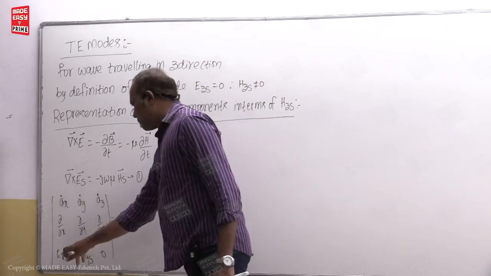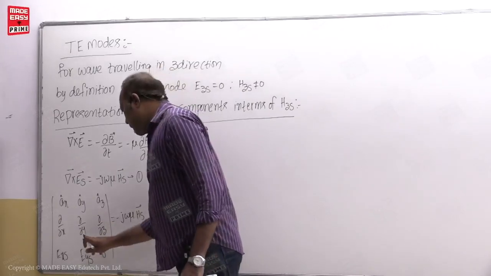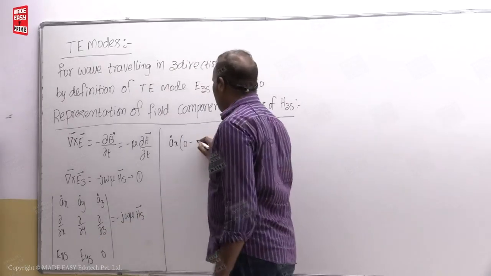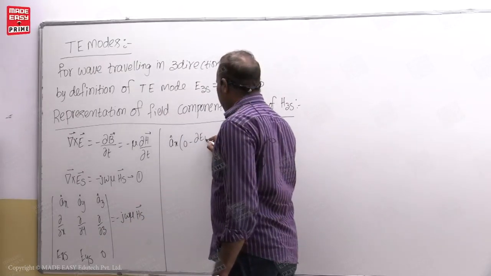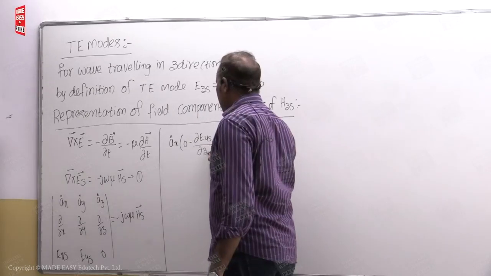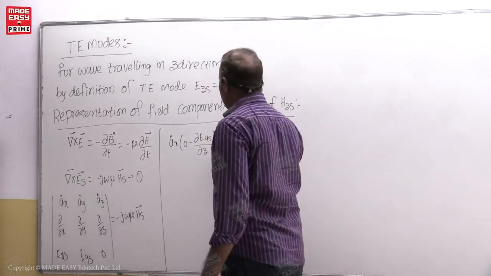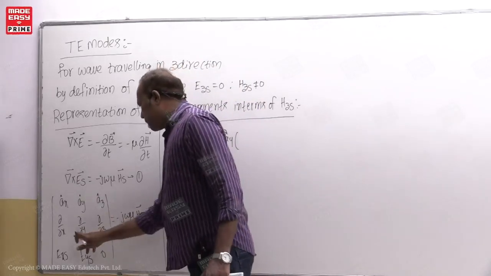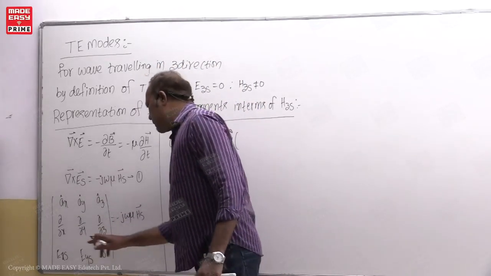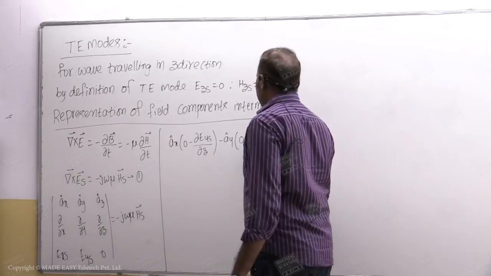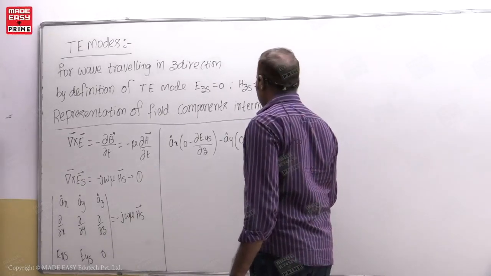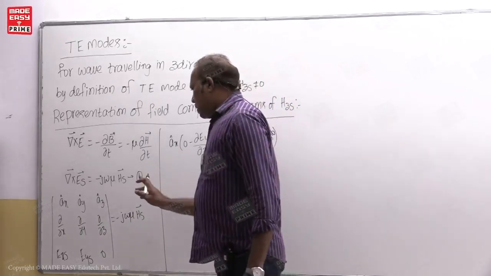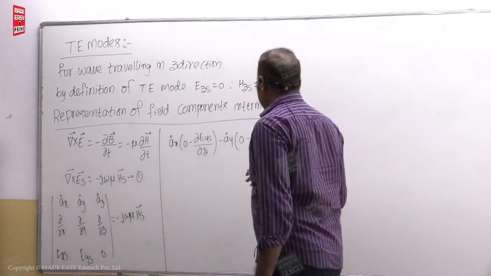Ax, leave this. Then ∂/∂y of 0, ∂/∂z of this one, ∂Eys divided by ∂z, partial differentiation, then minus Ay, ∂/∂x of this 0, ∂/∂z of this. So 0 minus ∂/∂z of Exs.